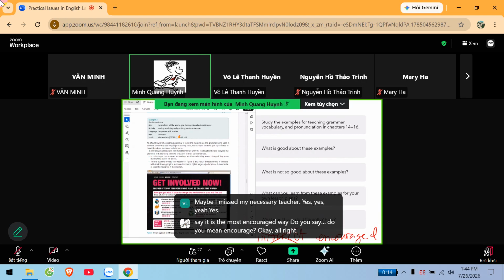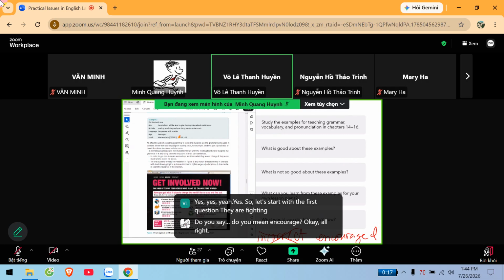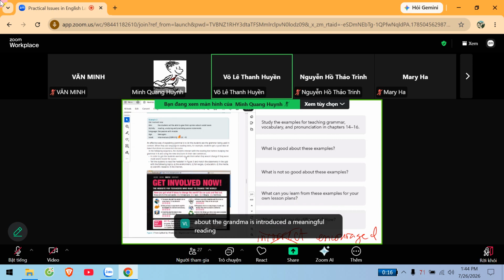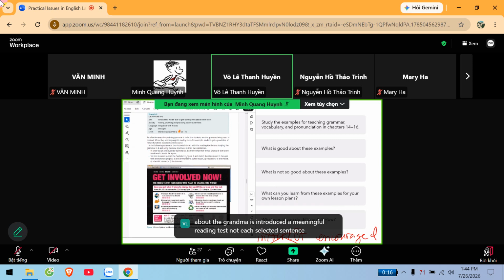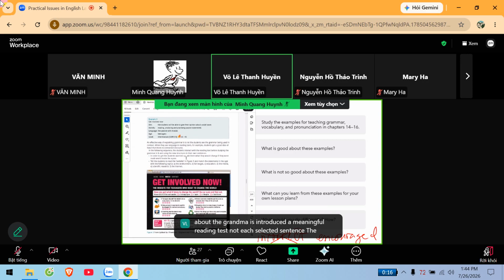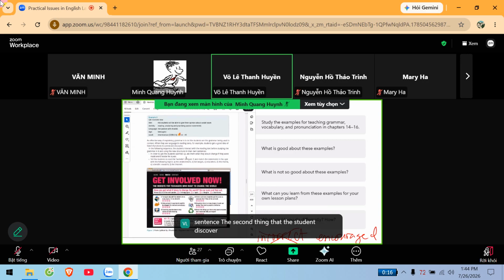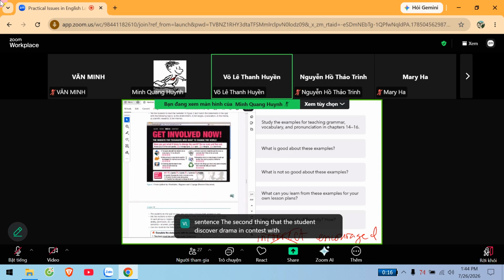So let's start with the first question. There are 5 good things about this example. The first thing is about the grammar. It is introduced with a meaningful written text, not isolated sentences. The second thing is that students discover grammar in context with deeper understanding.